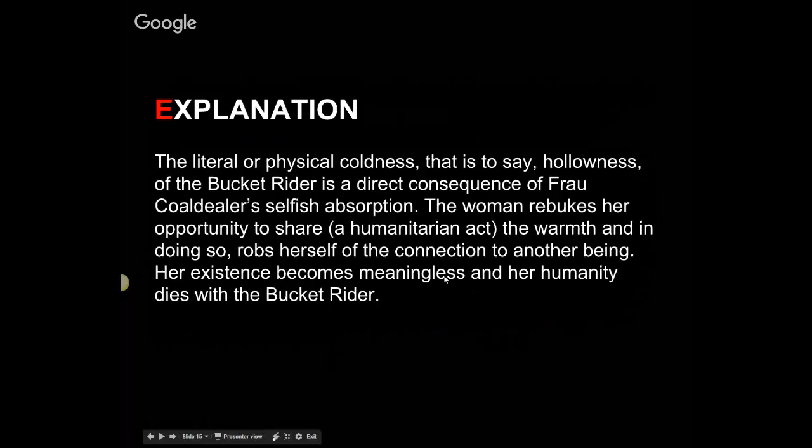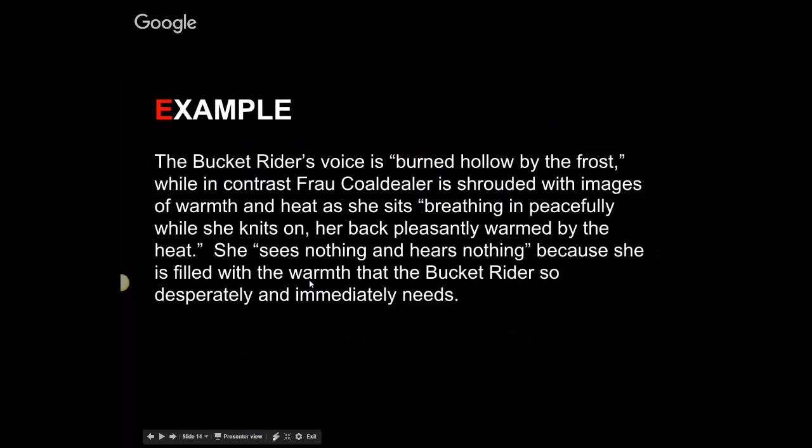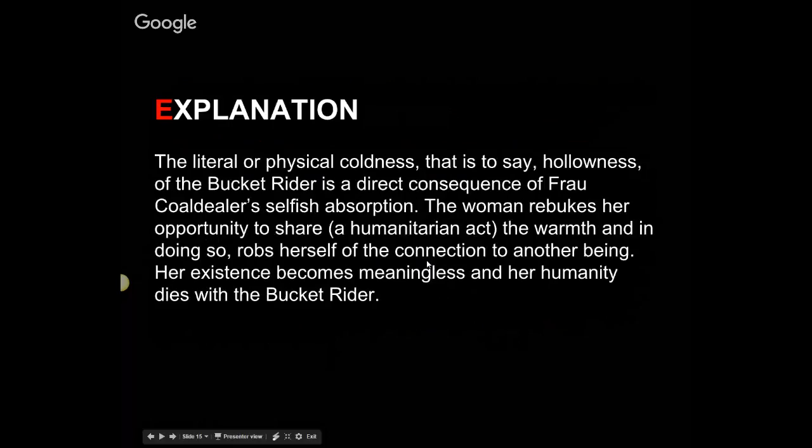Her existence becomes meaningless, and her humanity dies with the Bucket Rider. So I've connected it back to this: she sees nothing and hears nothing because she is so filled with the warmth that the Bucket Rider so desperately and immediately needs. Okay, so she ignores him. She has a self-absorption. Her humanity is kind of dead with it because she sees nothing and hears nothing of him.